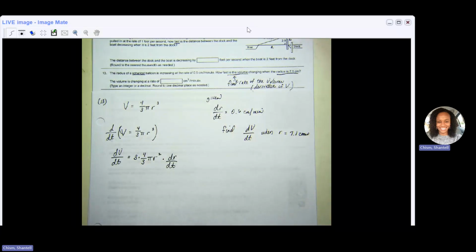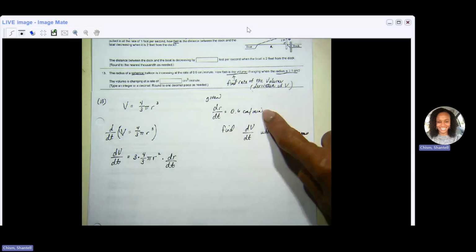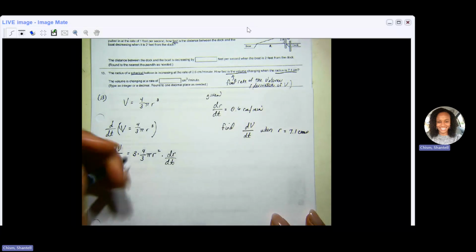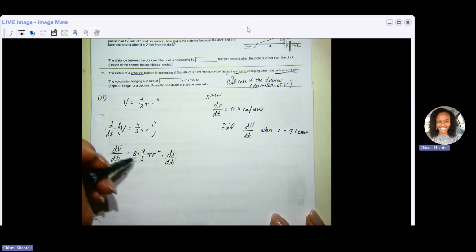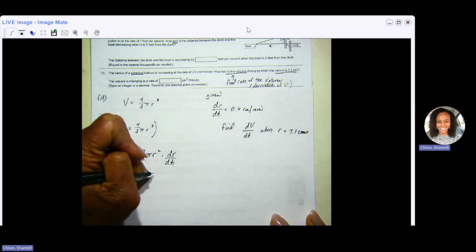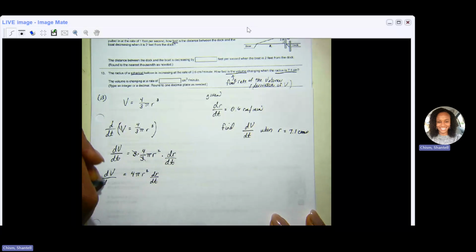So we want to find dV over dt when we have the rate that r is changing, which is increasing, and when r is 7.1. So plugging everything in, let's clean this up a bit. The 3's cancel. This is 4 pi r squared dr over dt, equals dV over dt.